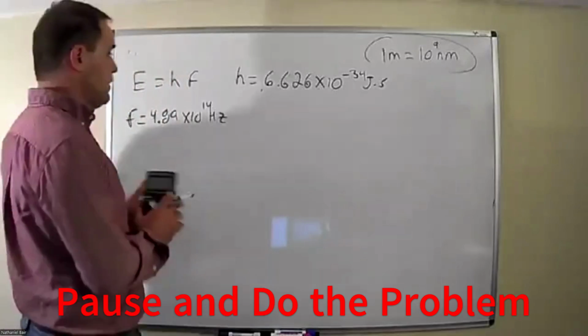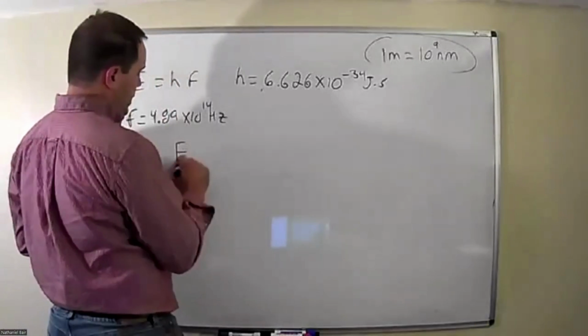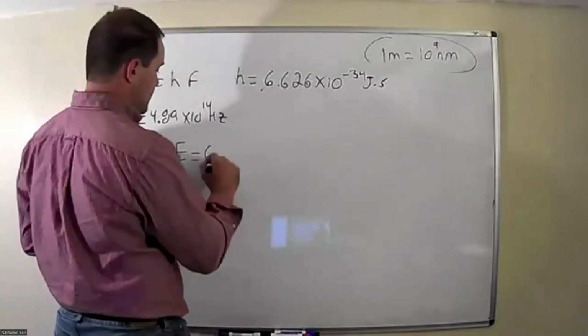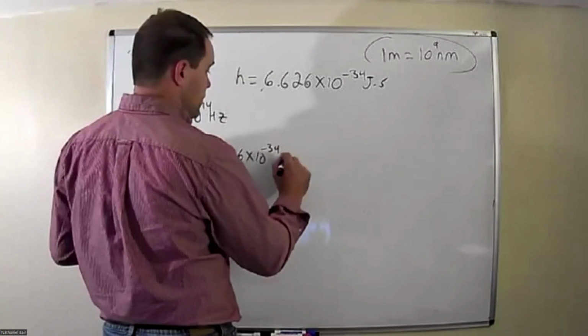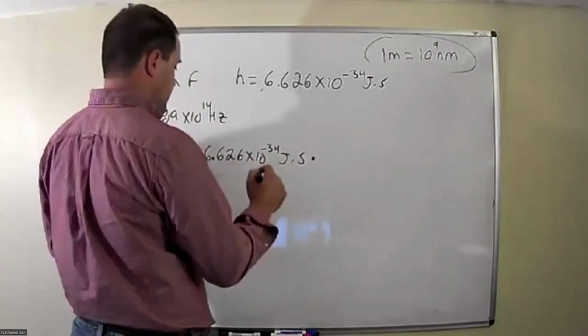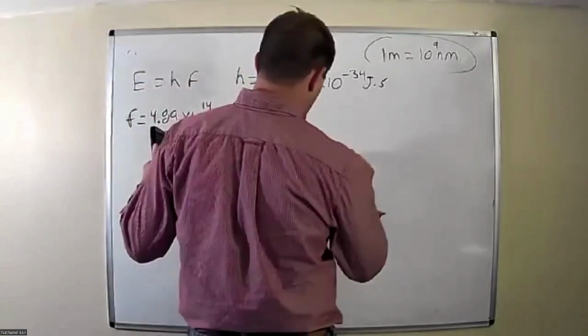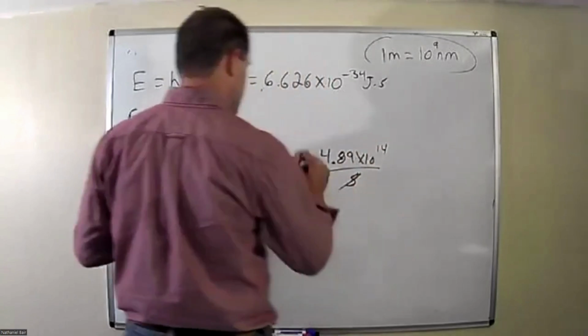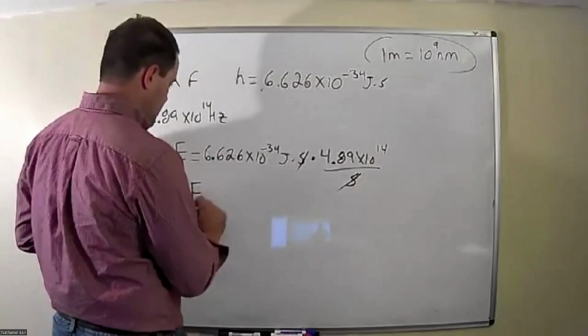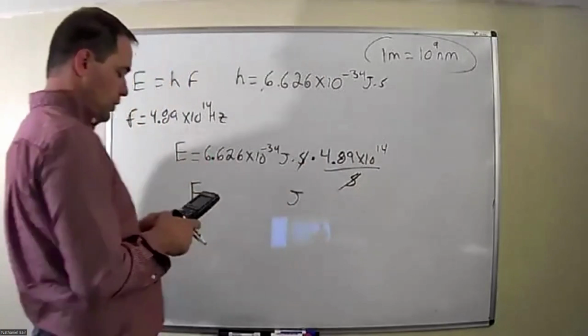So let's do this. Here we go. This is just kind of plug and chug. Energy equals Planck's constant, 6.626 times 10 to the negative 34th joules times seconds, times the frequency, 4.89 times 10 to the 14th hertz, which is a cycle per second. Seconds cancels out, and we are left with joules.